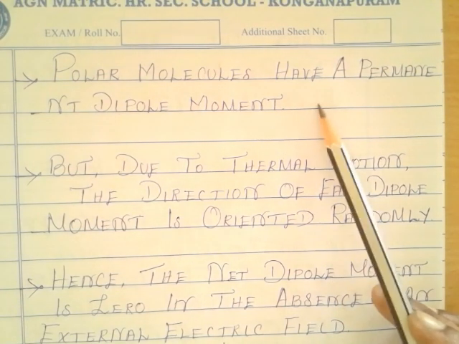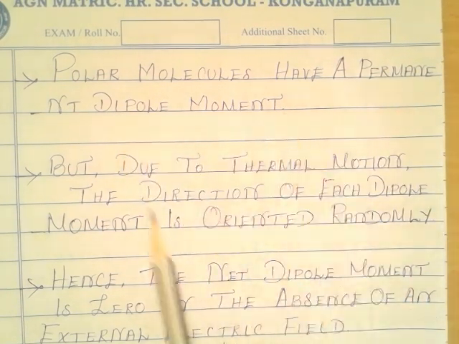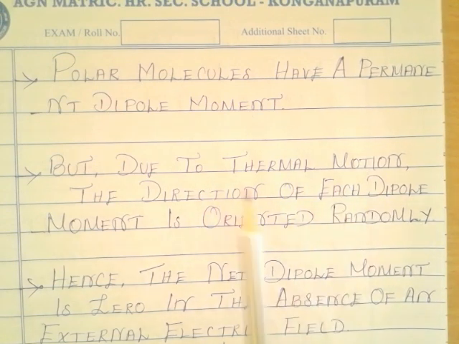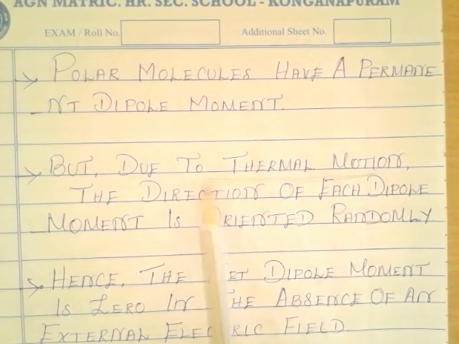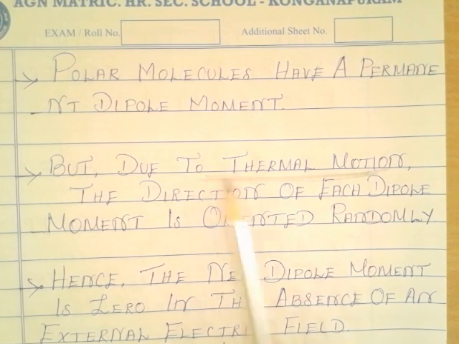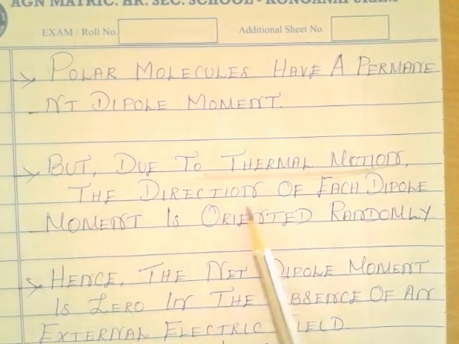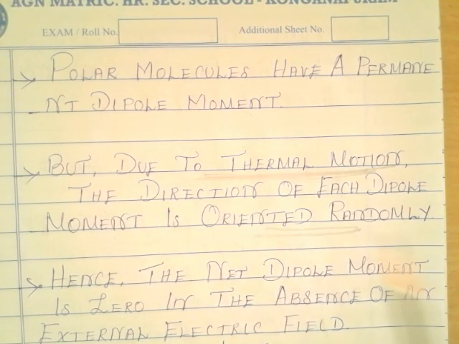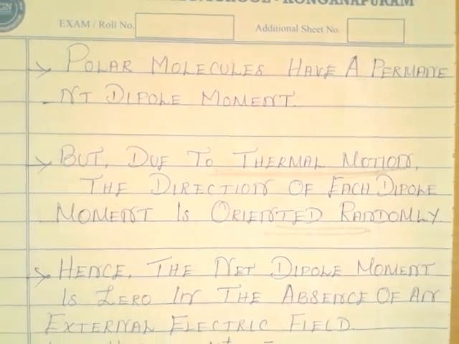Polar molecules have a permanent dipole moment, but due to the thermal motion, underline this, due to the thermal motion, varying the temperature of the polar molecules, the direction of each dipole moment is oriented randomly. What is meant by that?